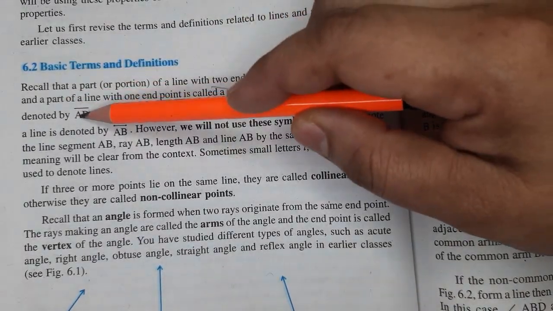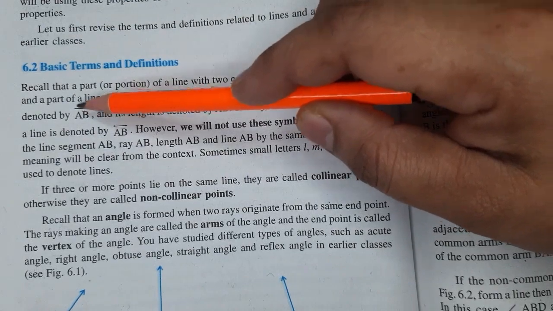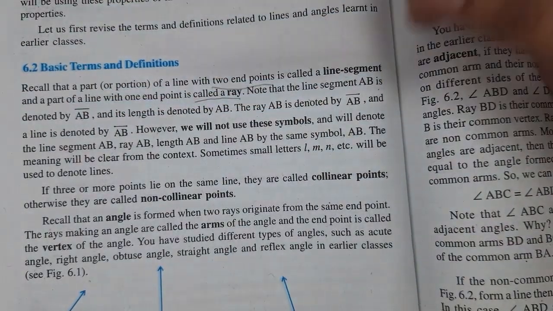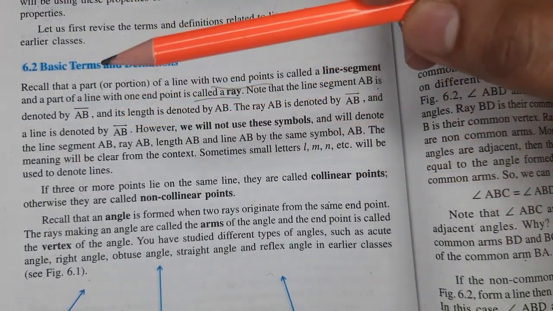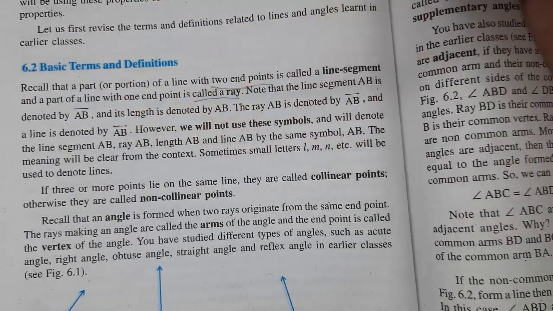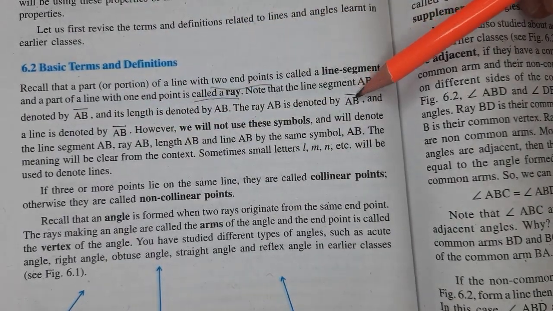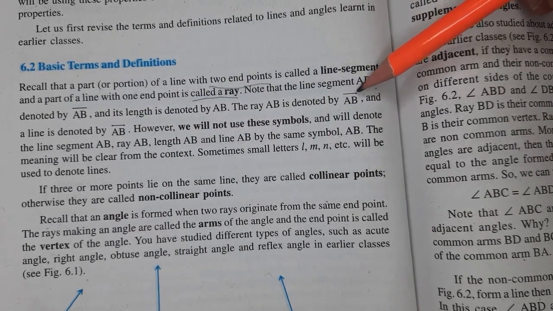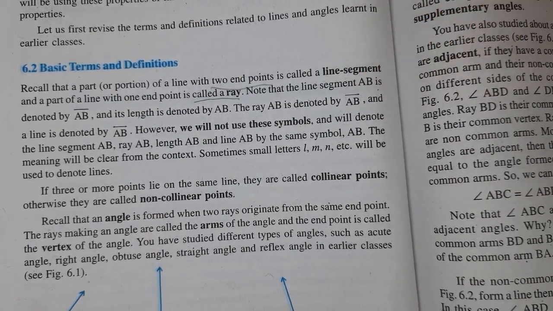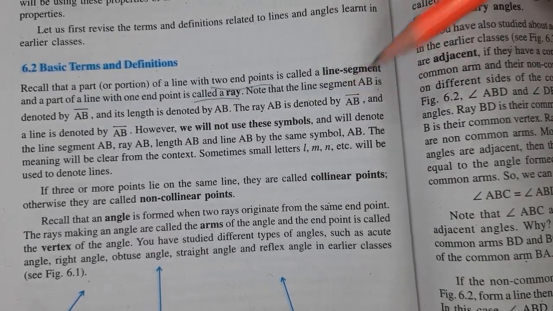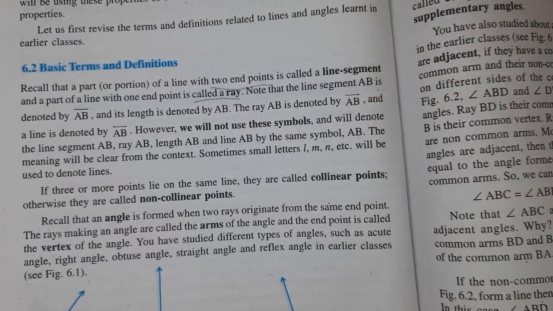So AB with this kind of symbol is called a line segment, whereas if it is written this way it means it is a line, and if it is written this way where you see the arrow going in one direction and the other side has an endpoint, this is called a ray.